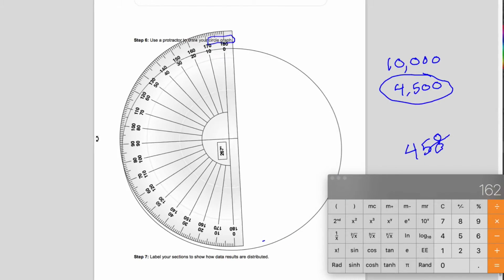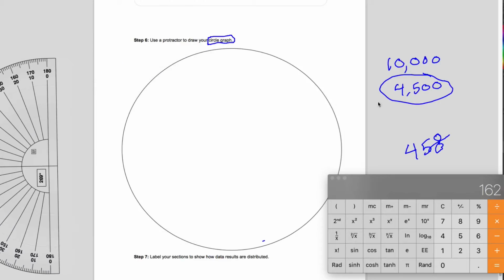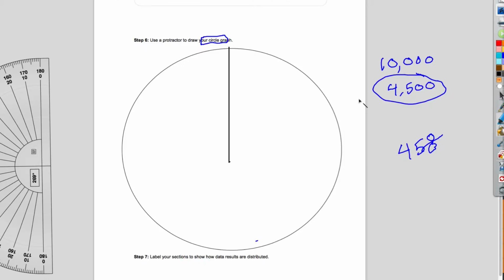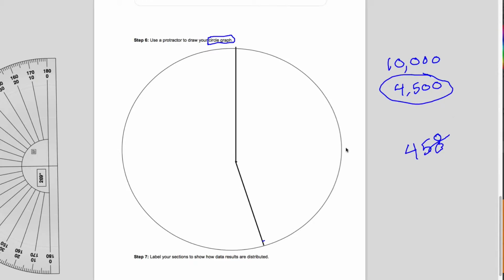So I put a mark right there, and now I'm going to draw a line straight down the circle. Then I just move this right down here to the mark, and there's my angle.